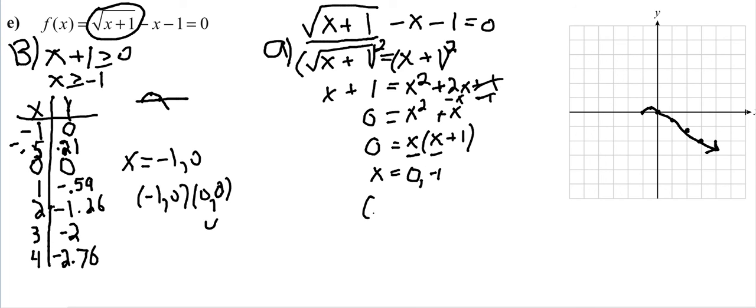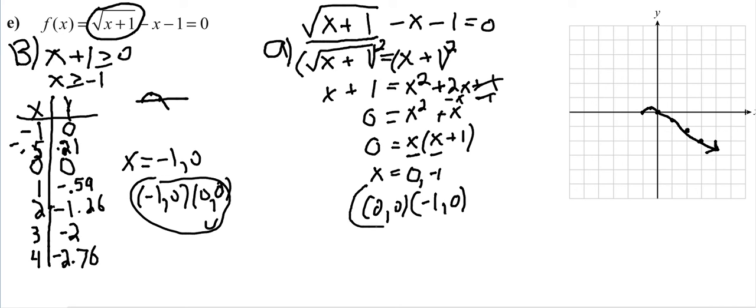Okay, and so those points are going to be 0, 0, and negative 1, 0. And you know this is most likely right because these are the same, it matches up graphically and algebraically, which is what you want to see.